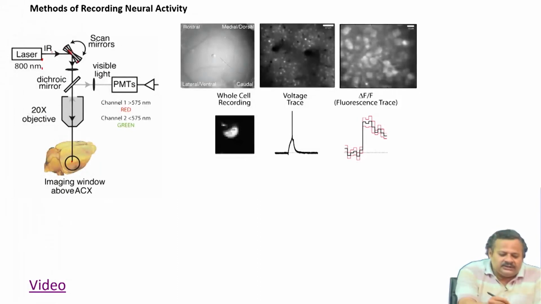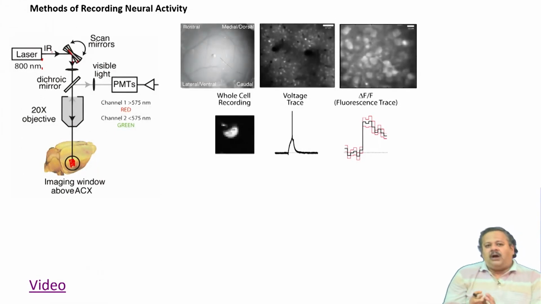These scan mirrors, which are controlled by galvanometers, can excite different pixels on this region where we are interested to image, and the fluorescence that is tagged to the activity, which we will discuss in a little bit, is then collected back through the same objective and directed to amplifiers, in this case photomultiplier tubes, which collect the fluorescent signals that can be red or green depending on the kind of fluorophore we have.